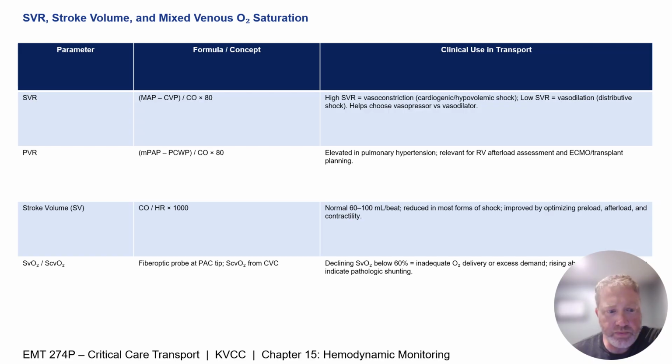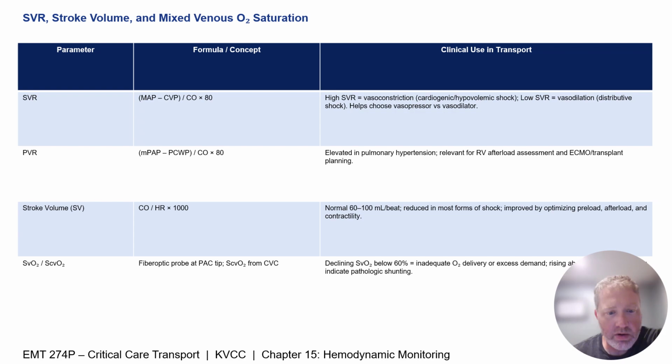The PVR, the pulmonary vascular resistance, again, don't worry about the formula, but know that the PVR is elevated in pulmonary hypertension, and that's relevant for right ventricular afterload assessment, and especially if there's any consideration of ECMO or transplant.